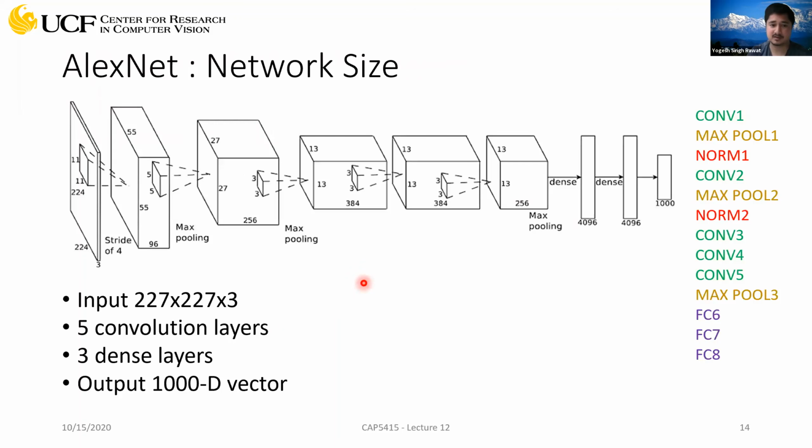Let me explain why. Once you have this 1 cross 1 cross 256, if you apply a 1 cross 1 convolution after that, then, if you remember from the CNN lecture, the third dimension of your kernel will automatically match the depth. So when you say 1 cross 1 convolution, the actual shape of that kernel is 1 cross 1 cross 256. You are just taking linear combinations of these 256 values, which are your features.